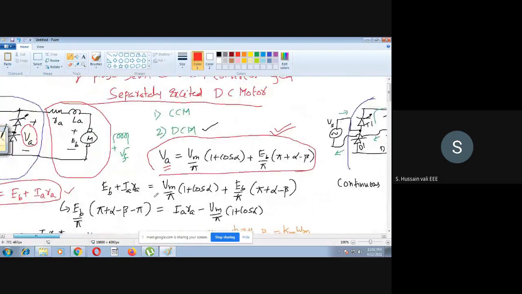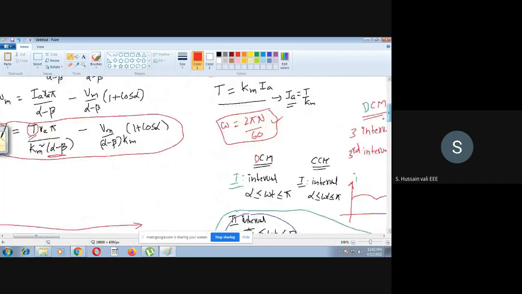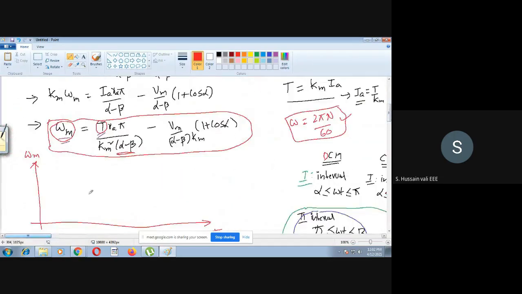So when beta is more than alpha, you must understand that beta is always greater than or equal to alpha. Rather than writing equal, I will simply write beta greater than alpha. So alpha minus beta will be a negative value.